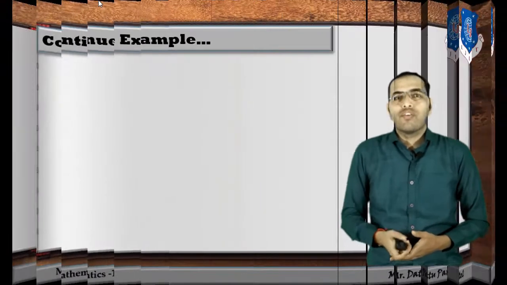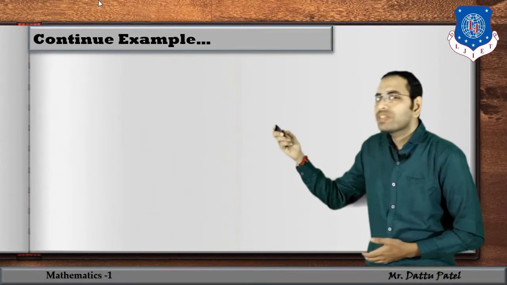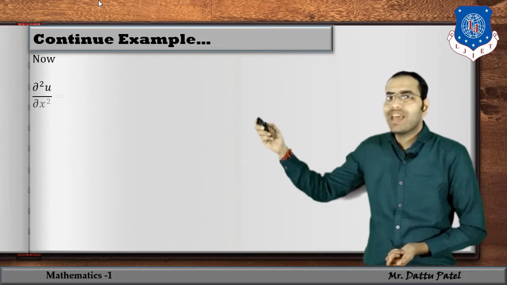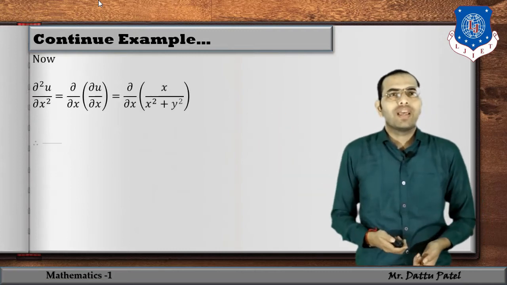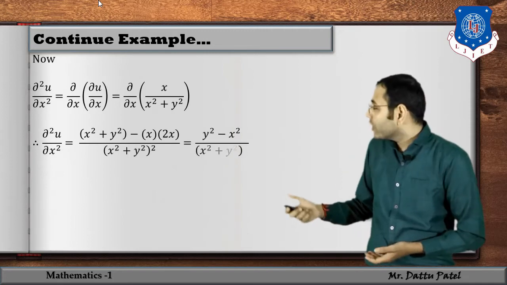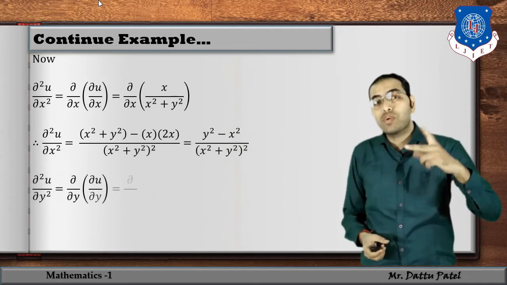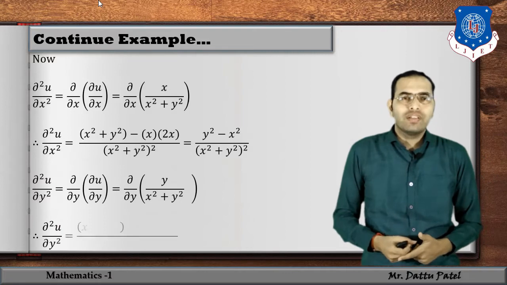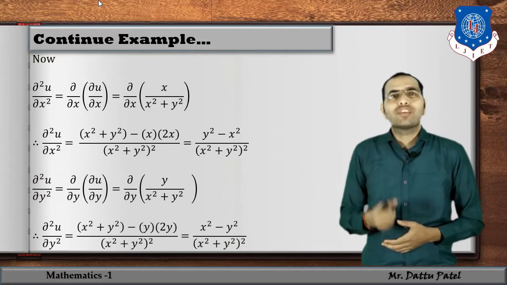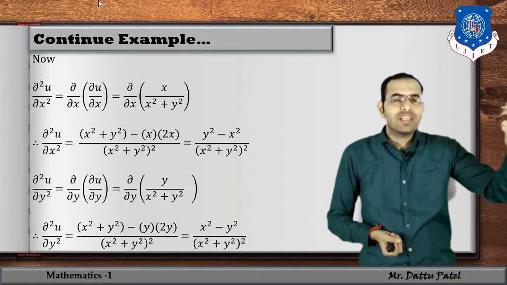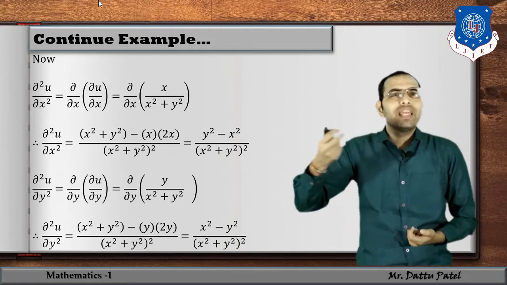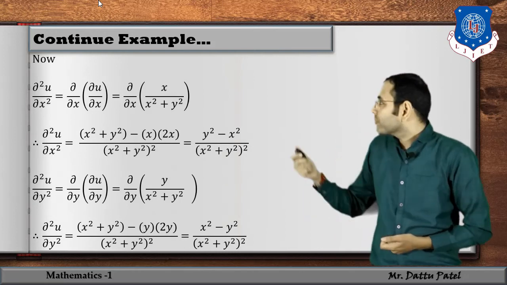Let's find the second order derivative, that is del square u by del x square equal to del by del x of del u by del x. Substituting the value of del u by del x, here the numerator and denominator both have the variable x, so obviously apply the quotient rule: del by del x of u by v equals v as it is times derivative of u, minus u as it is times derivative of v, divided by v square.